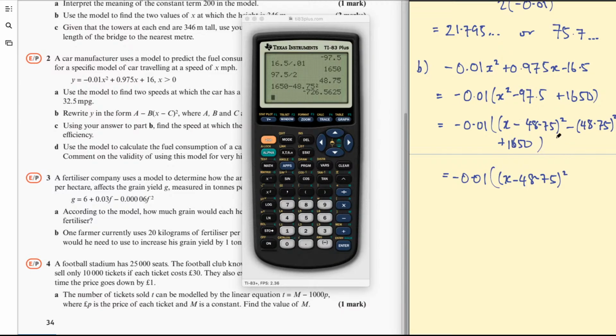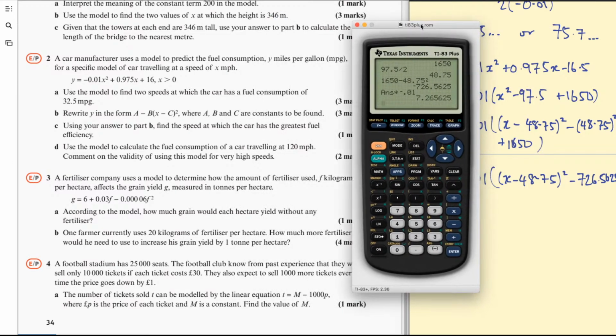So I calculated this final term. This was negative 726.5625, and then multiply that negative 0.01 out to all of the terms. So multiply this number by negative 0.01 and we get 7.26.